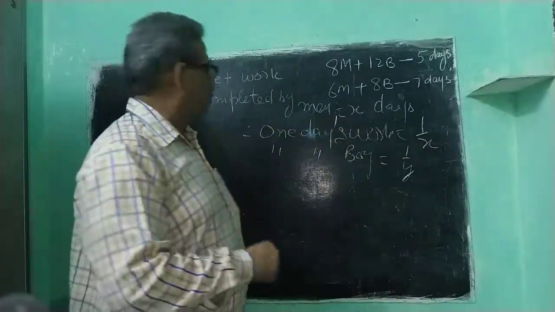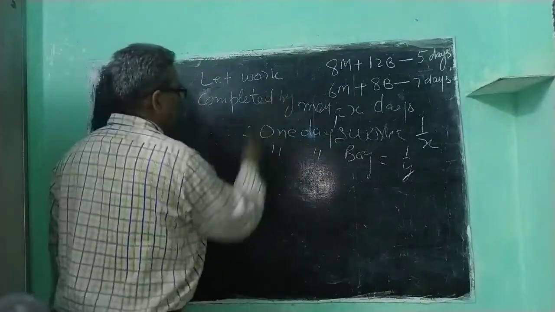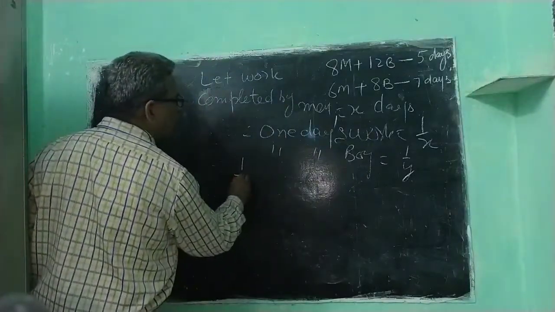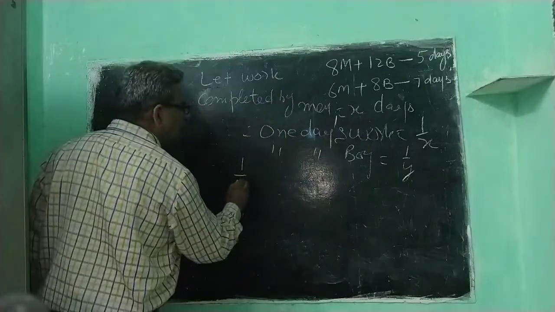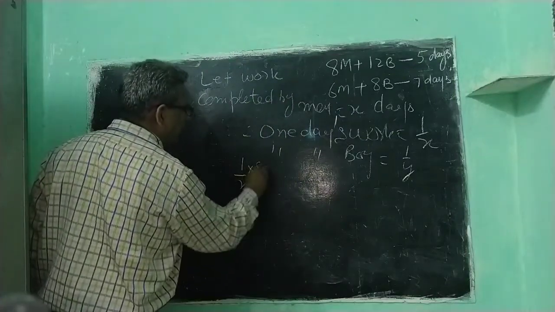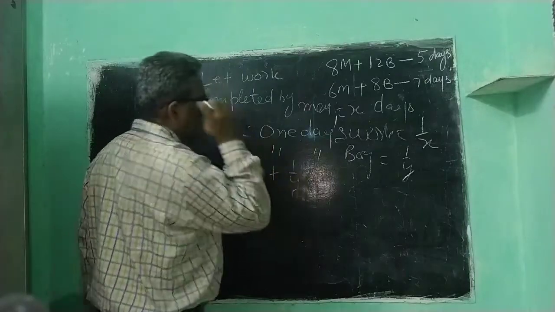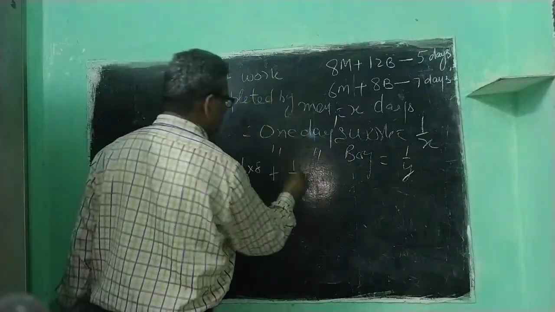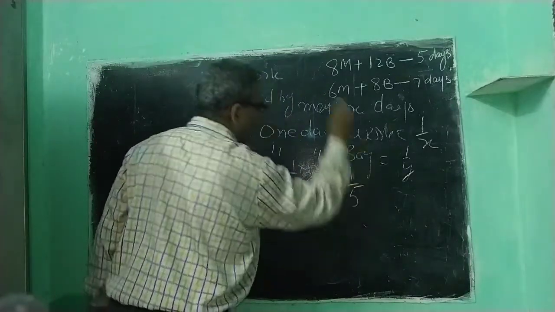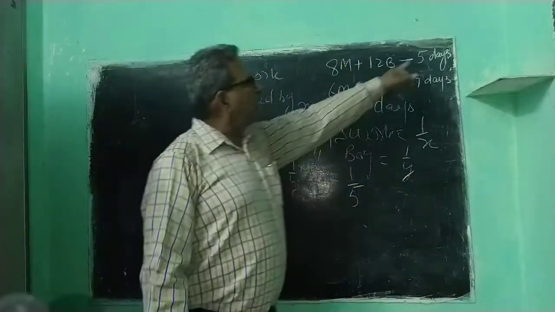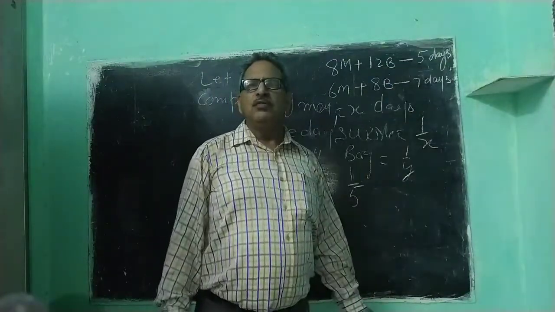Now according to the question, beta, 8 men are here now. So 1 upon x into 8 plus 1 upon y into 12 equal to 1 by 5. Because this is the whole work, obviously in 1 day it will be 1/5. Very simple.